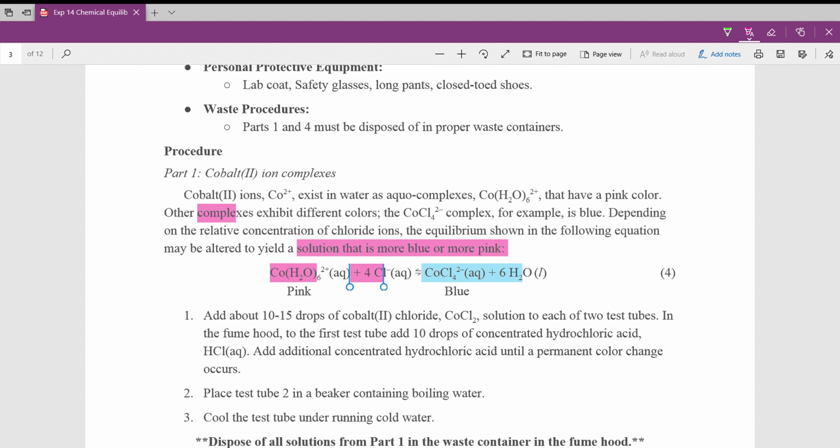So when you look at the reaction in the videos, it actually is pink or blue. And so if it goes from pink to blue, we know which way it shifted. We know it shifted this way. But if it goes from blue to pink, we know it shifted this way. So use that to answer those questions.